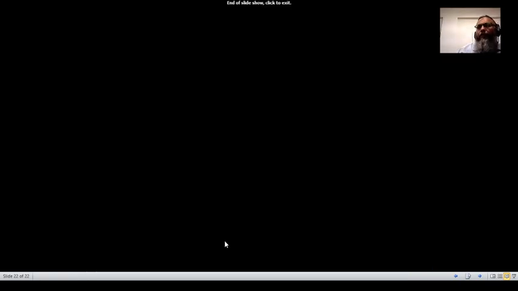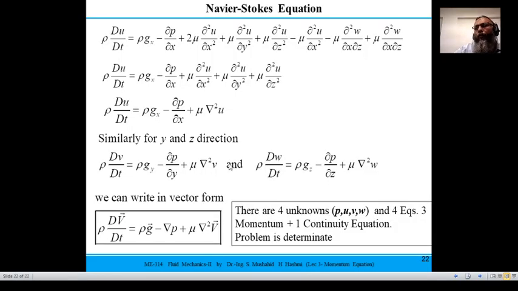So in this way we will be able to solve our momentum equation, and this final form is actually called the Navier Stokes equation. Once we have applied the Stokes hypothesis, a constitutive relation, into the momentum equation, and after the simplification process, we end up with what we call the Navier Stokes equation.